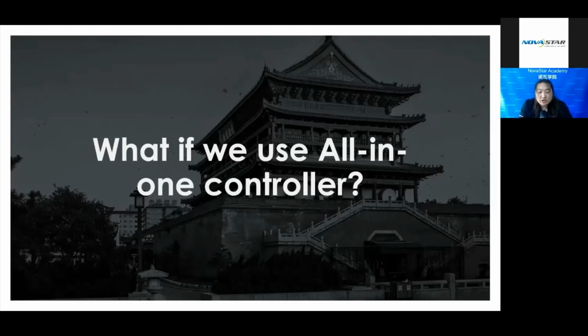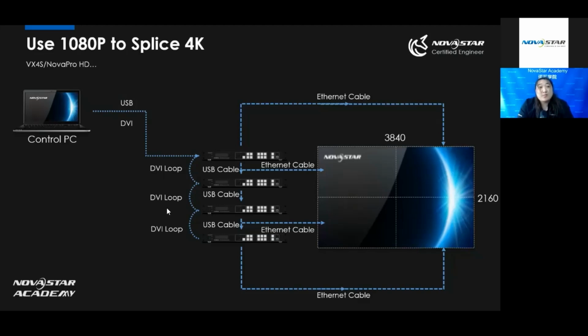The all-in-one controller means the sending card integrates the video processor, so it has the video processing function inside the device. For this part, we are going to use the VX4S. So what is the difference from the pure sending card? It doesn't need the video splicer, right?